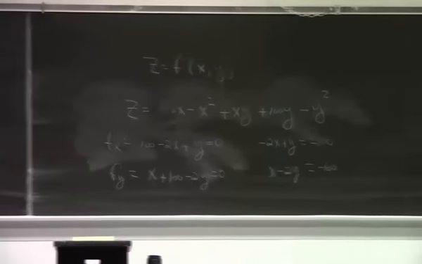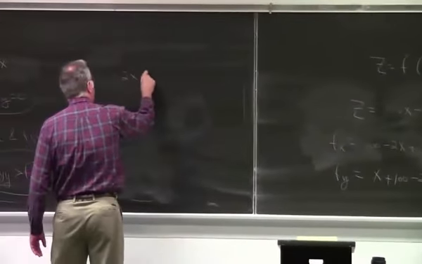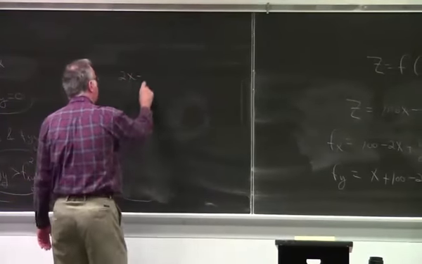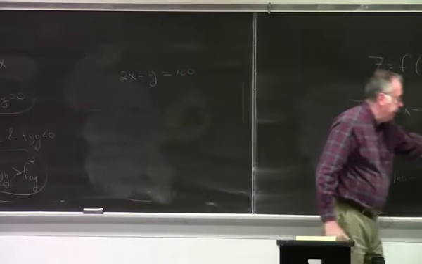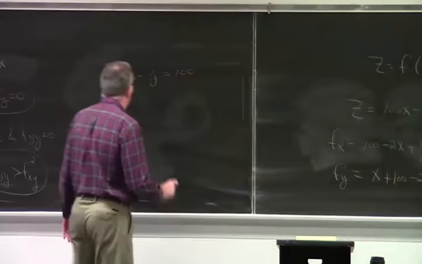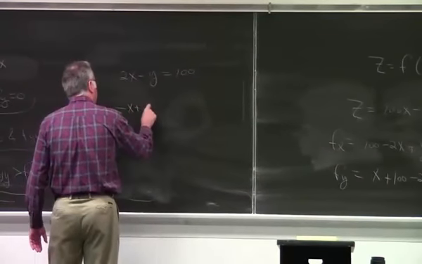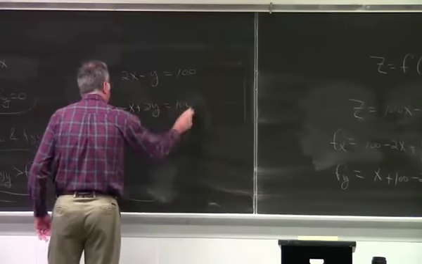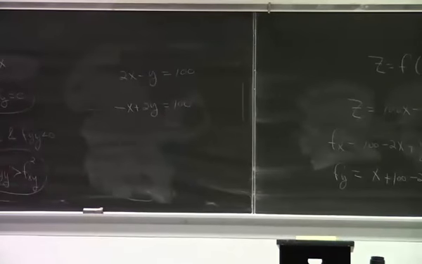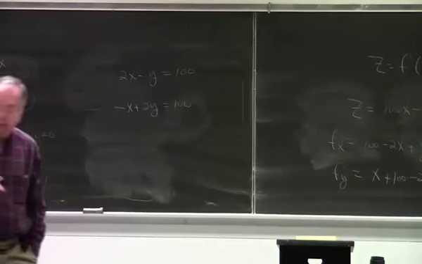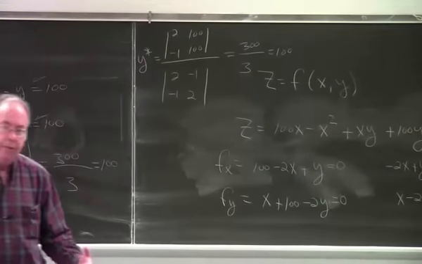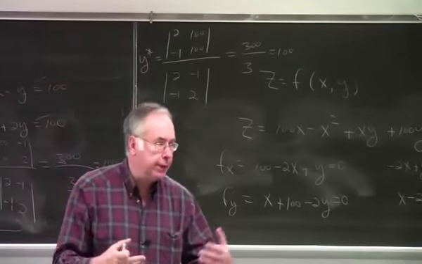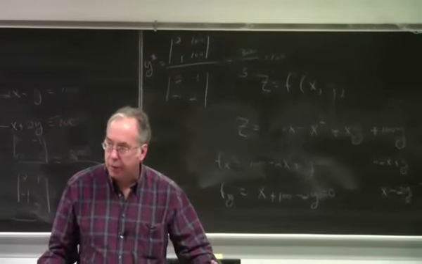If we multiply that first one by -1, we get 2x minus y equals 100. Multiplying this one through by -1, we get -x plus 2y equals 100. Two linear equations, two unknowns. We go all the way back now to chapter 4. Now, we've discovered the critical values of x and y. The critical values of x and y are the values that satisfy the first order conditions.